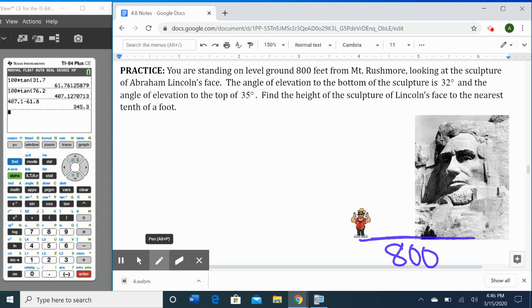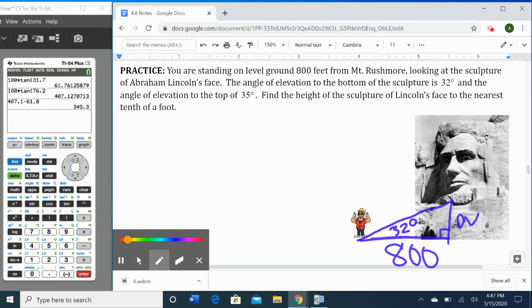The angle of elevation to the bottom of the sculpture is 32 degrees. So if I wanted to make a right triangle, I could make a right triangle. I don't know how far this is, so I'll call it A. It says the angle of elevation to the top of the sculpture is 35 degrees.